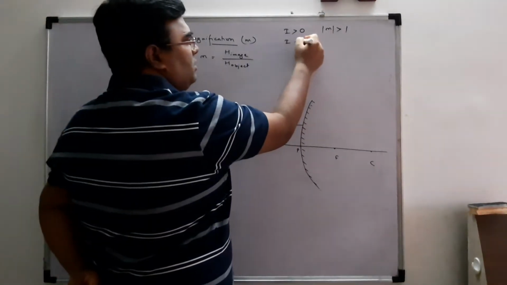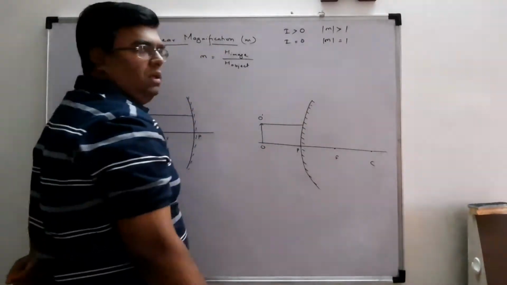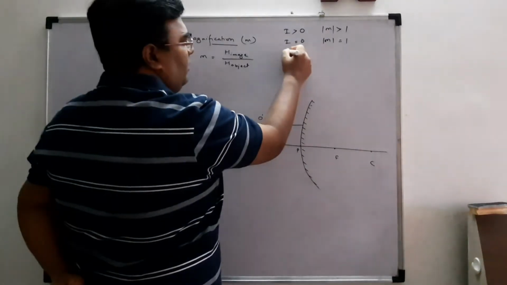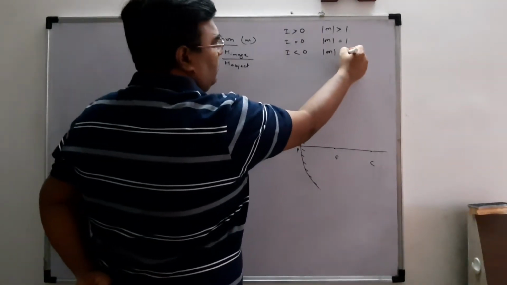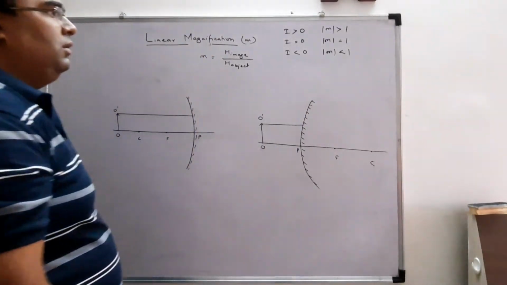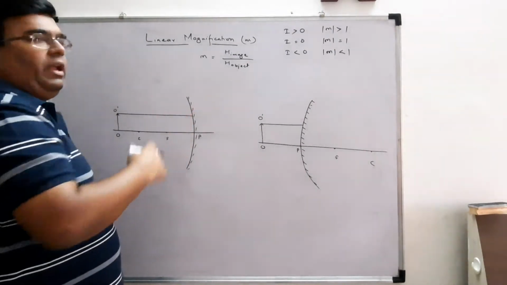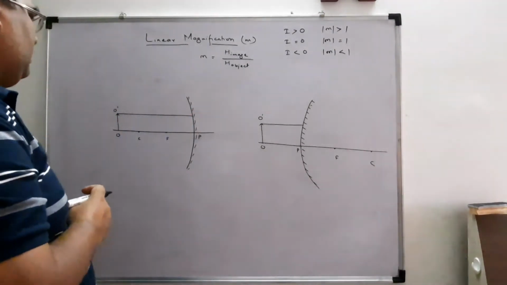If image is equal to object, my mod M will be equal to what? 1. And if image is lesser than object, alright? So we will derive a formula for M here, then we will see how it is going.